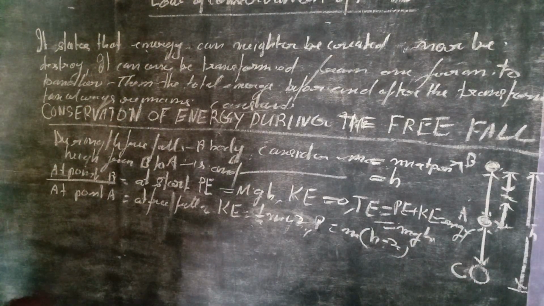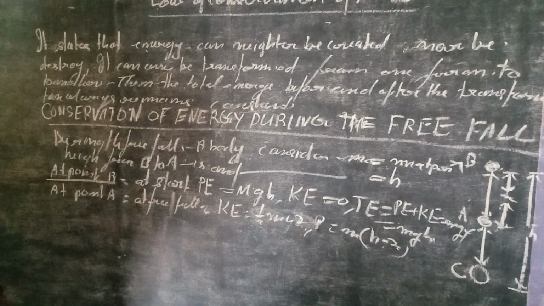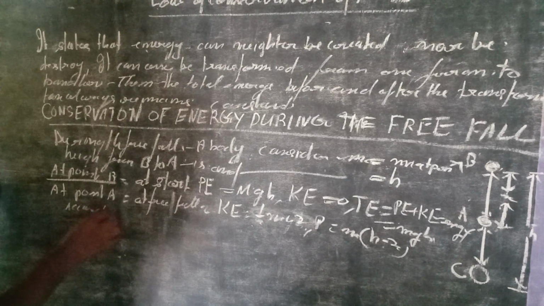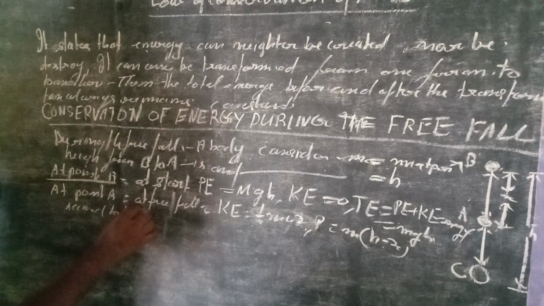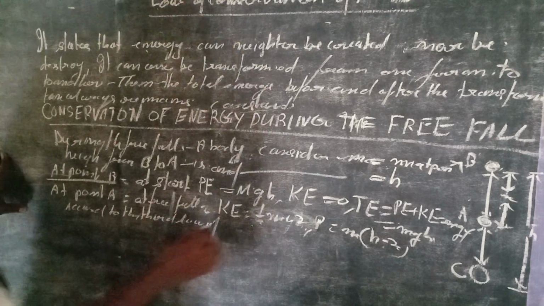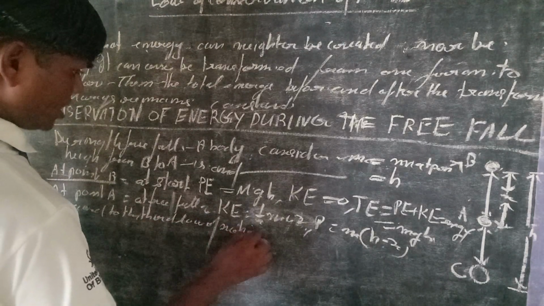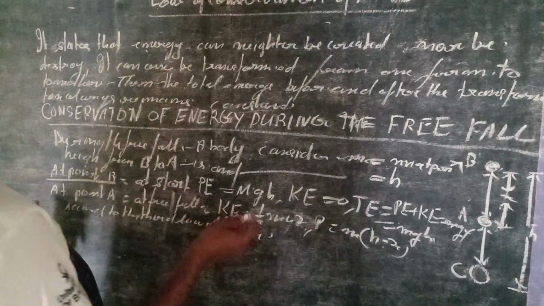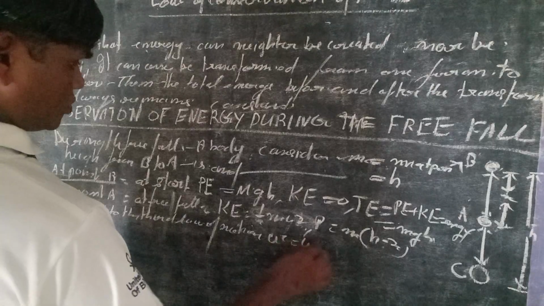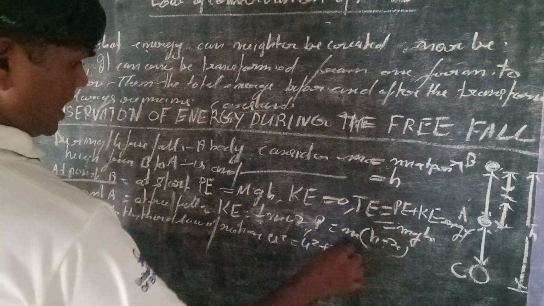According to the third equation of motion, v square is equal to u square plus twice gx.